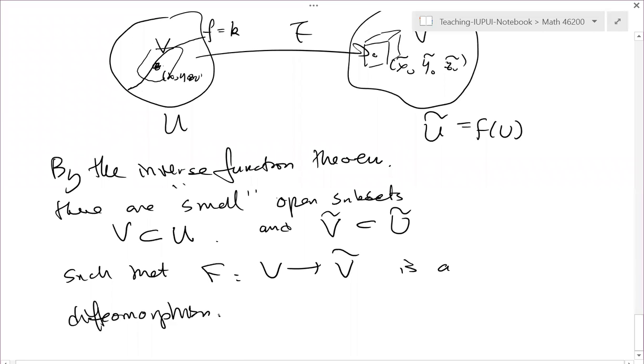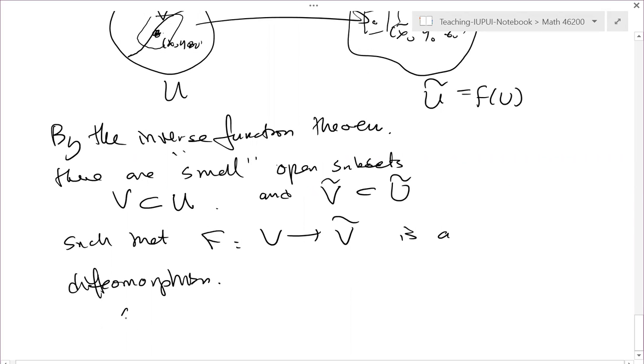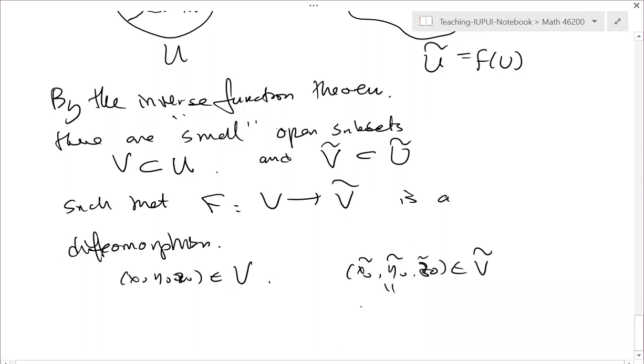Of course, this V contains a point, and it's contained in V2. So this is an image of f.